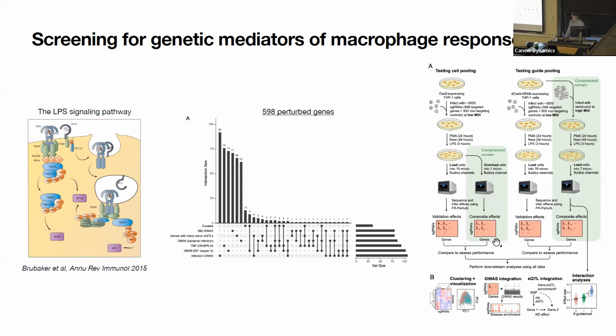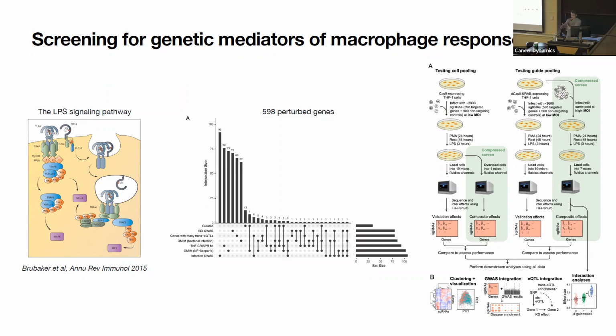And here's the overview of the experimental design with this macrophage cell line. We have two arms of the experimental work that are related to these two different methods of generating composite samples. One of them is going to test cell pooling. The other one is going to test guide pooling. In each case, we ran a very large conventional screen to generate validation data.